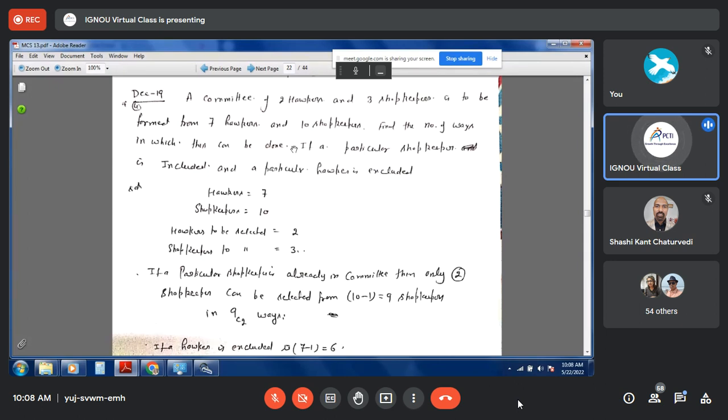What does it mean? In simple terms, while we have shops in the market, some shopkeeper is very close to us. We say no, we will keep you in the committee. And one hawker, we don't like him.